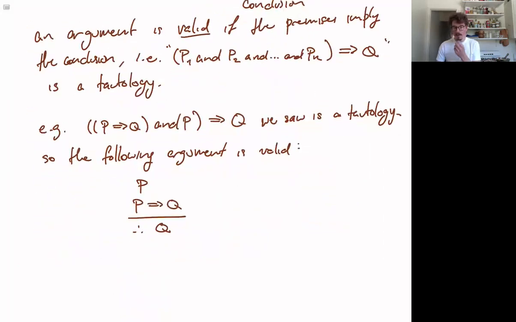So this is a valid form of argument, in the sense that if you take any two propositions P and Q, if these propositions are true, then this proposition will also be true. In other words, these propositions imply this proposition.